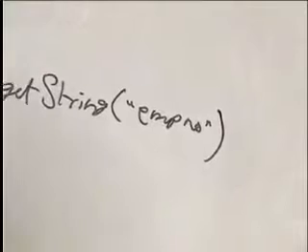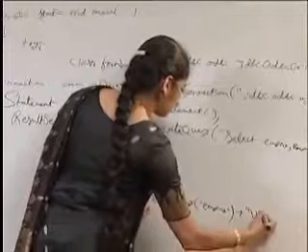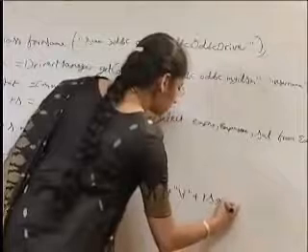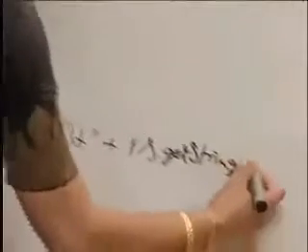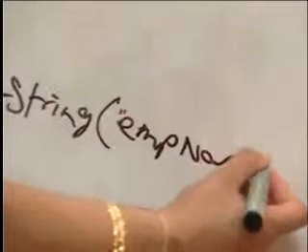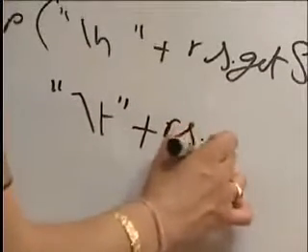Whatever you have specified in your statement, the same name you need to use here when you fetch the data. Then rs.getString of name, rs.getLong of sal.